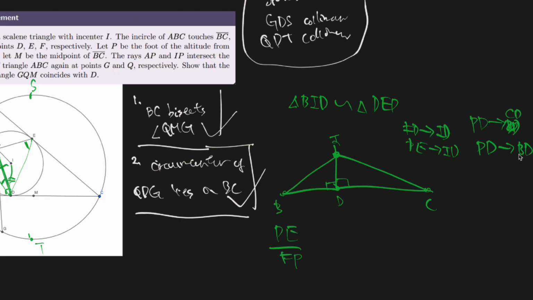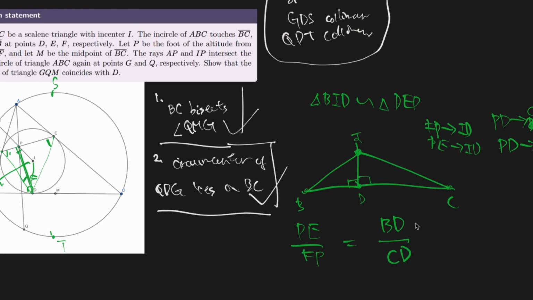And if we take the ratio of these transformations again, as we've taken the ratios over there, we have that this should be equal to BD over CD. Or sorry, I mean CD over BD.